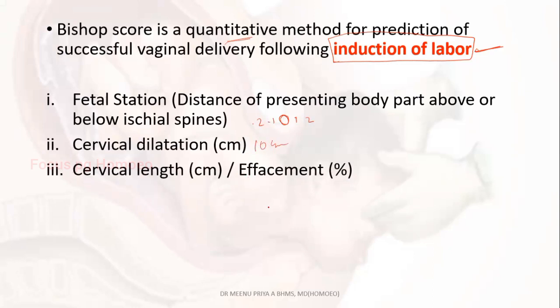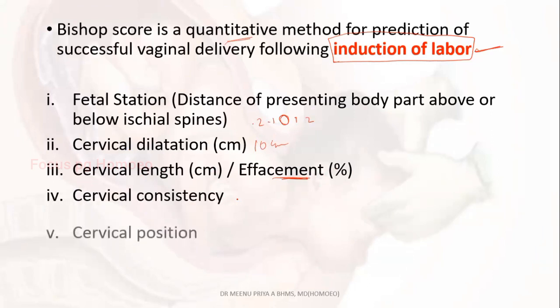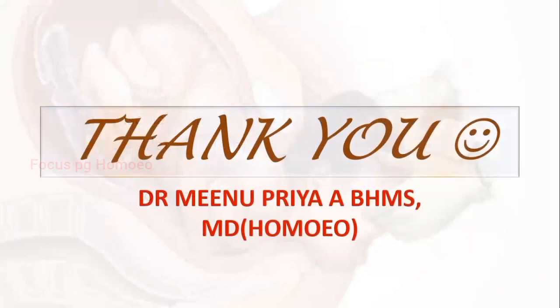There is something called the modified Bishop score, in which effacement is removed and cervical length is added. In the proper Bishop score, it is effacement in percentage. Then cervical consistency, which relates to the ripening of the cervix, and cervical position. So this is the Bishop score.